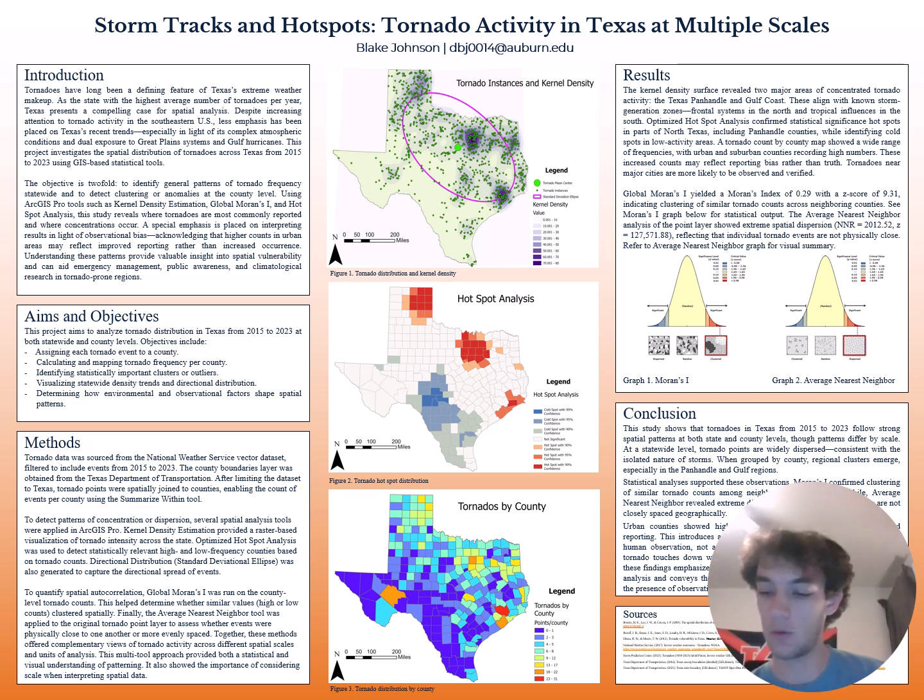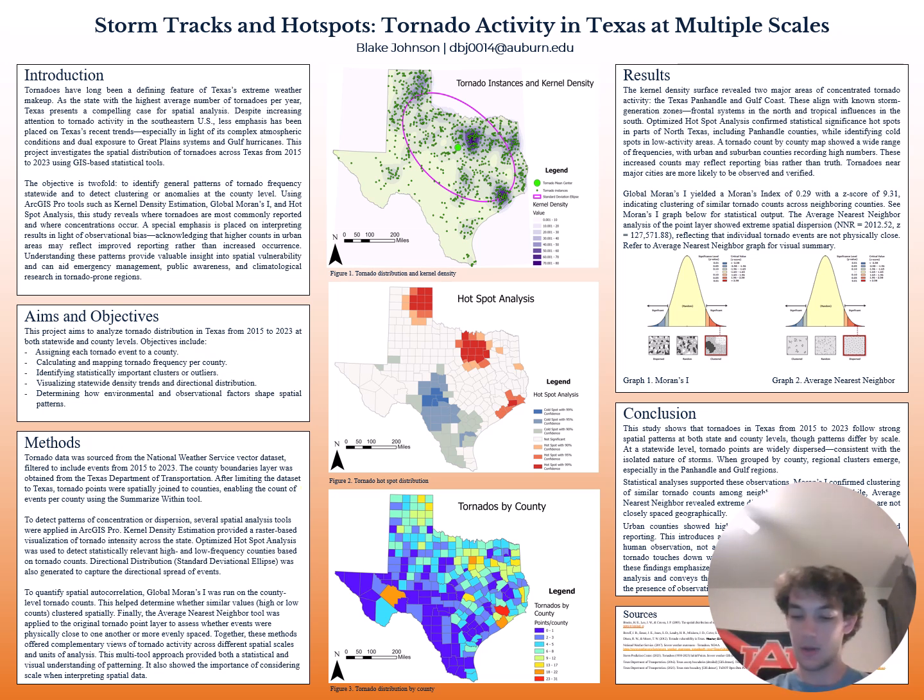So I just used GIS to study this, looking at everything on both a general spatial, statewide level, and then more in depth at the county level. What I'm asking is where these tornadoes are distributed, both on the county level and at the statewide level.